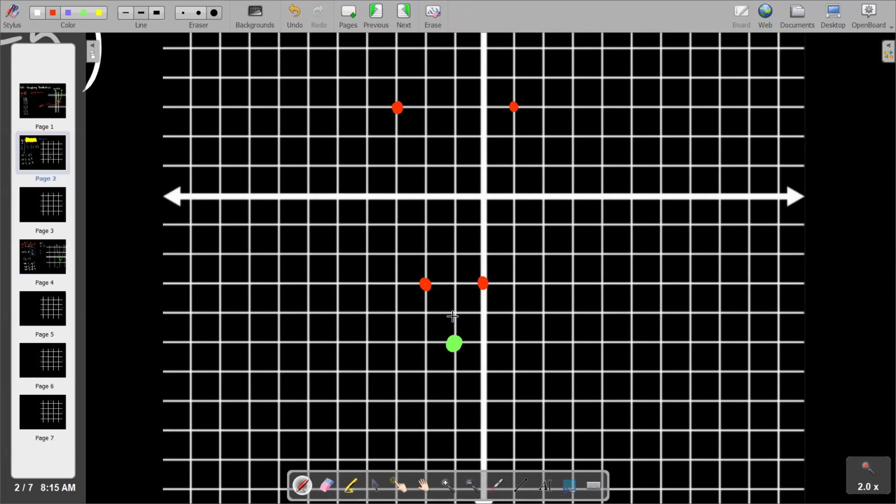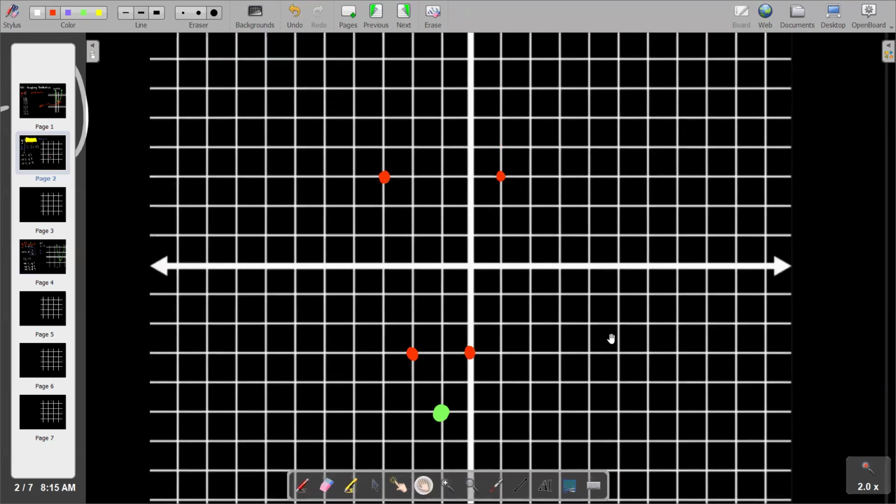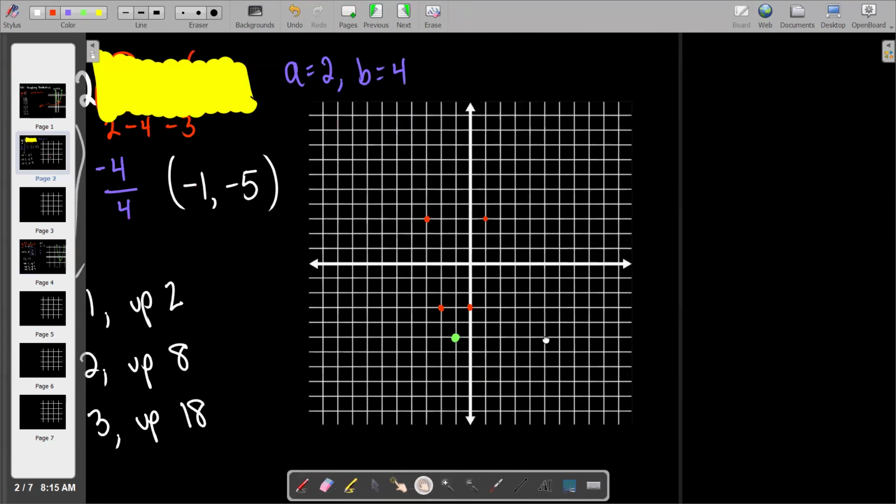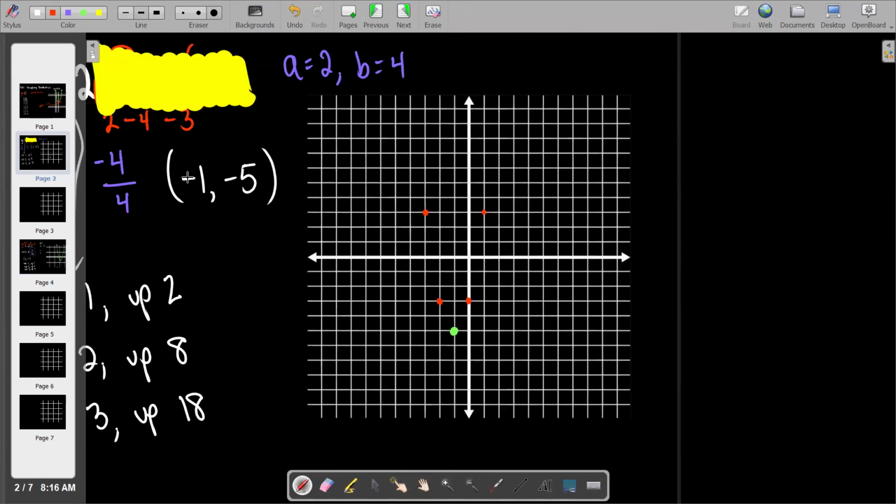It does not, by the way, here's one of the criminal offenses that you cannot commit. I do see this all the time, and you will lose points for this. I'll try not to be too harsh on your graphs as far as the artistic quality, but this is something that can make you lose points if you do this. What's wrong with that? It can't come back inwards like a horseshoe.